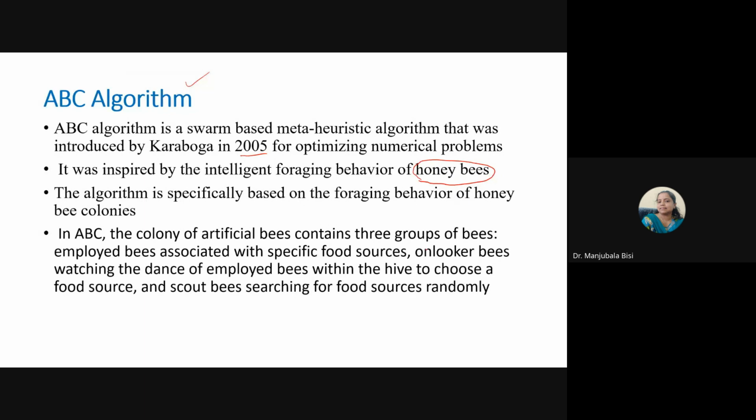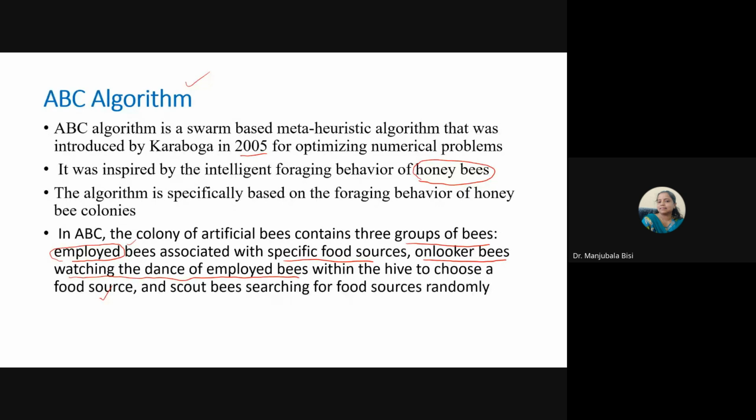Here we have three types of bees or three groups of bees. One is the employed bee, another one is the unemployed bee. Each employed bee is associated with a specific food source. And some onlooker bees will be there. They will watch the dance pattern of the employed bees, and they will choose a particular food source depending upon that dance pattern.